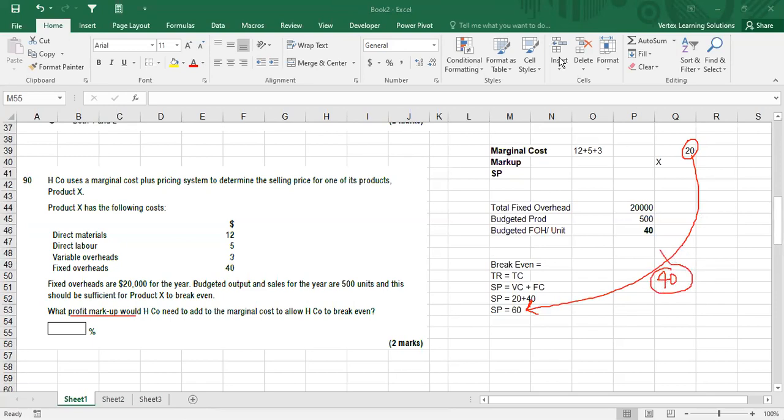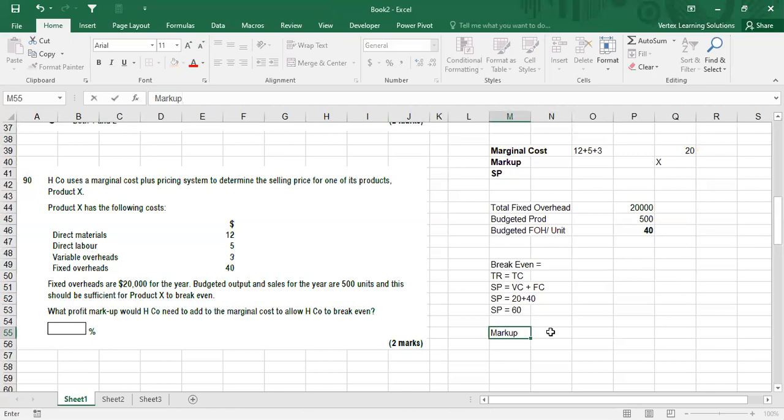So your markup should be $40. If markup is $40, then the percentage is 40 divided by 20 into 100, which makes it 200%. The answer would be 200% for this question.